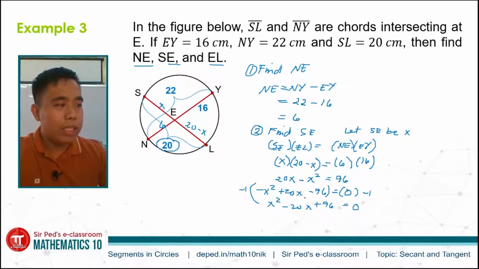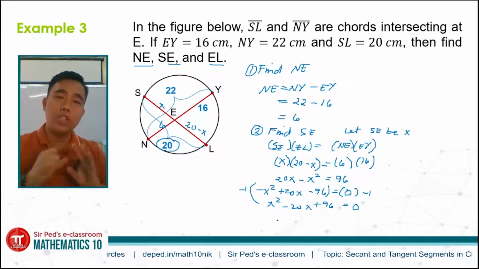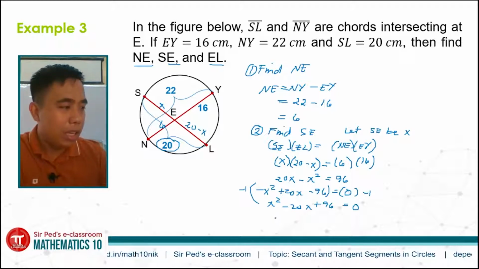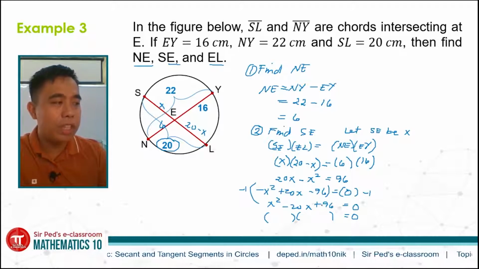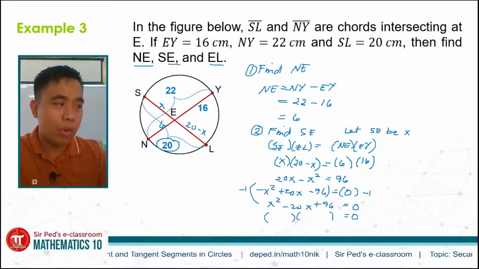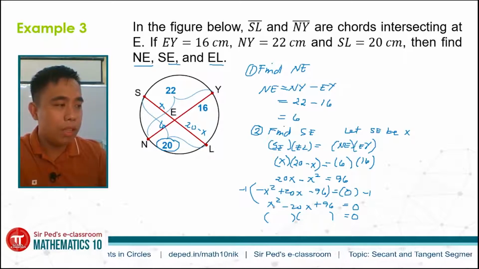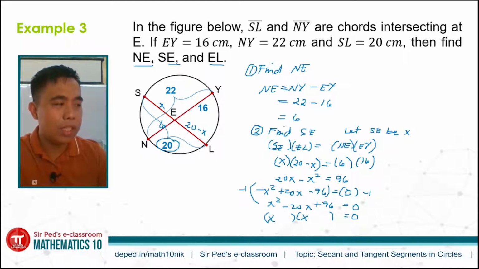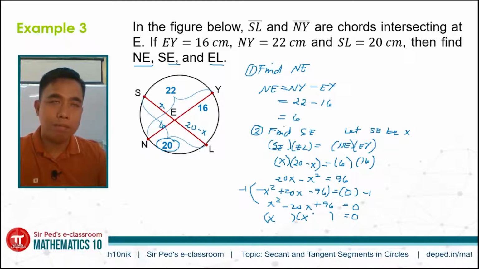Now, it is a quadratic equation. So, we can solve this by factoring, completing the square, or quadratic formula. So, we use factoring. What are the factors of 96, positive 96, wherein the sum ay equal to negative 20? By the way, ang first term natin, factors ng x squared, it will be x and x. Ano yung factors ng 96 na kapag inadd mo ay negative 20?